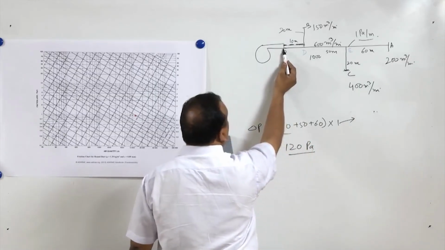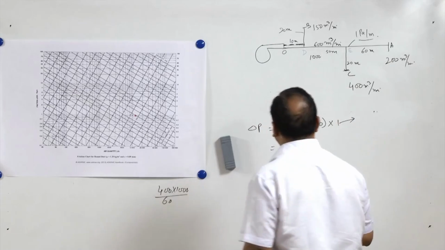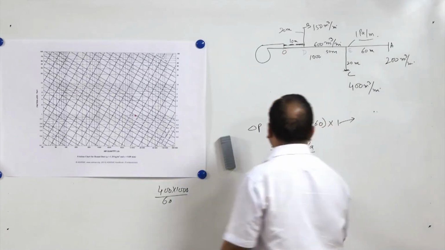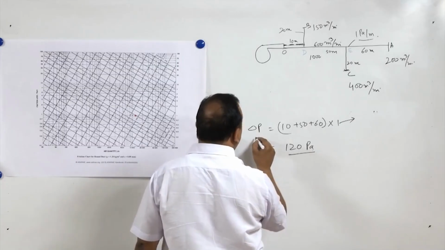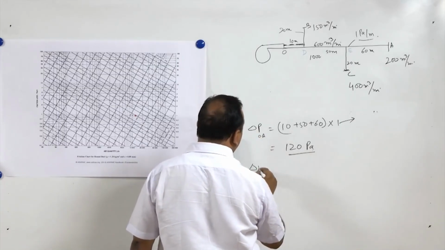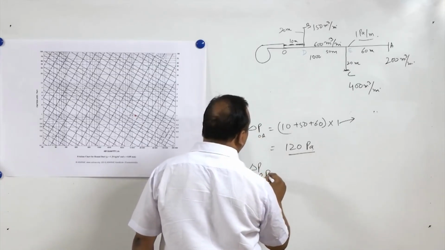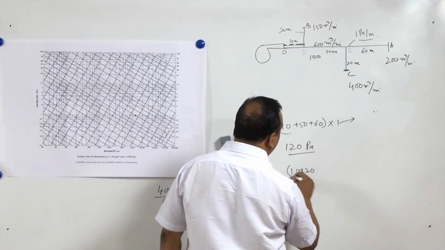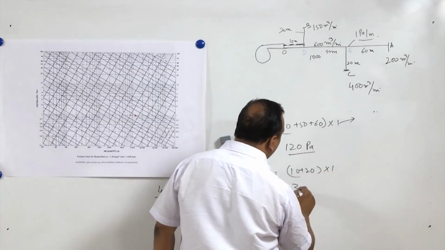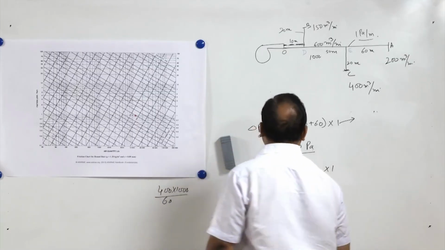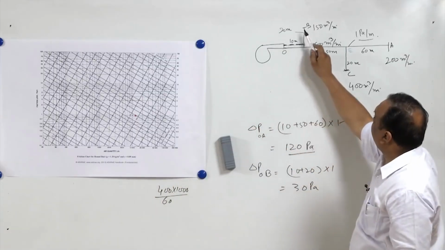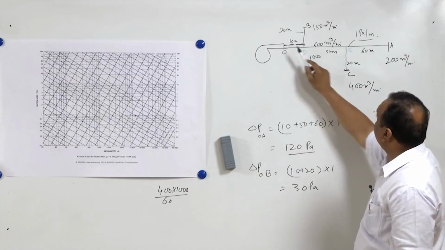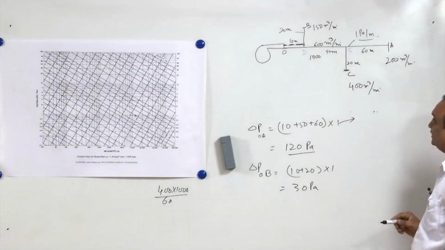Now pressure drop between O and A is 120 Pascal. Pressure drop between O and B: delta P OA is this, and delta P OB is going to be equal to 10 plus 20 into 1 is equal to 30 Pascal. So pressure drop between this and this is 30 Pascal. Pressure drop between this and this is 120 Pascal.